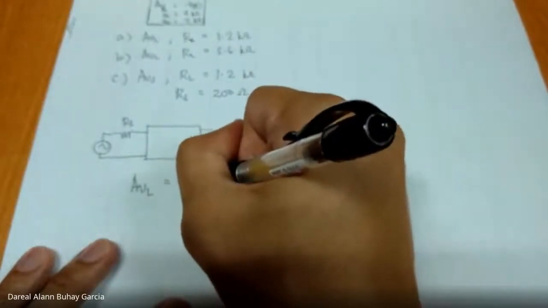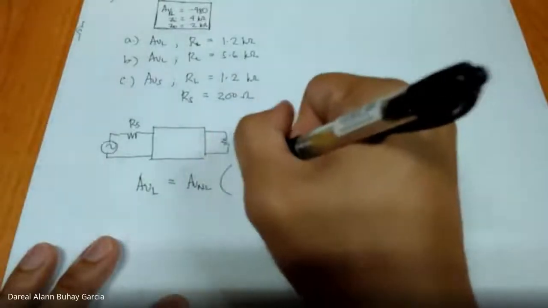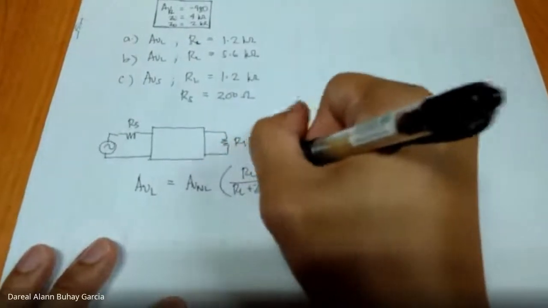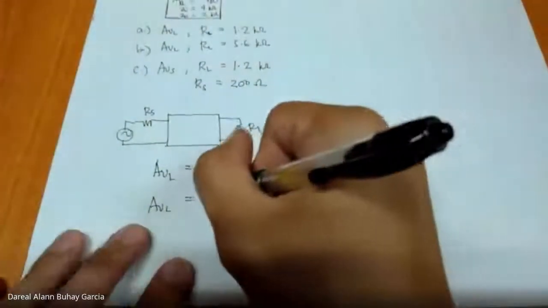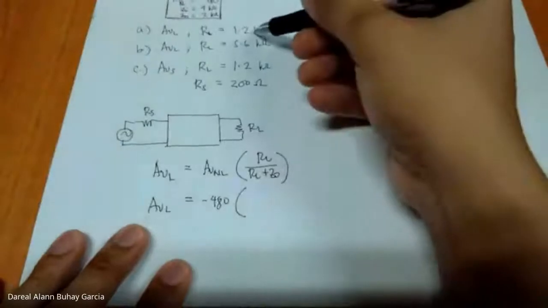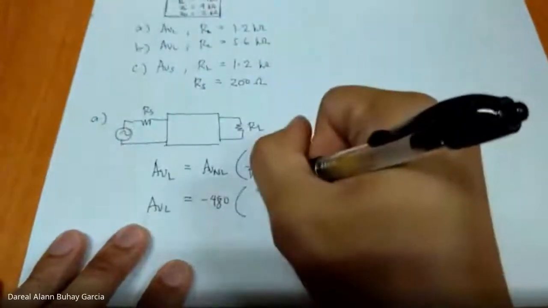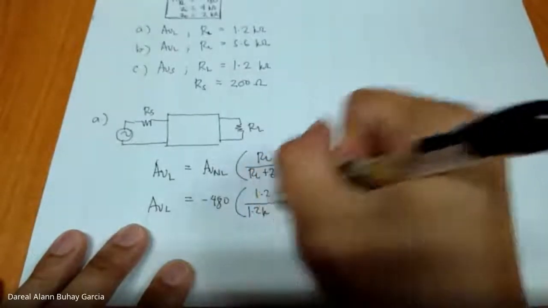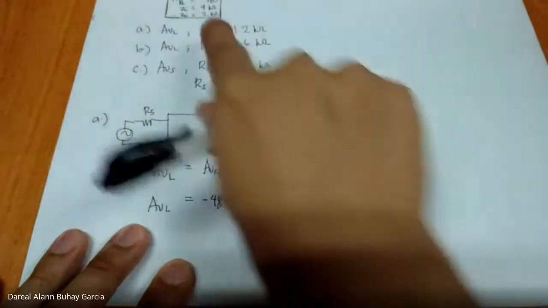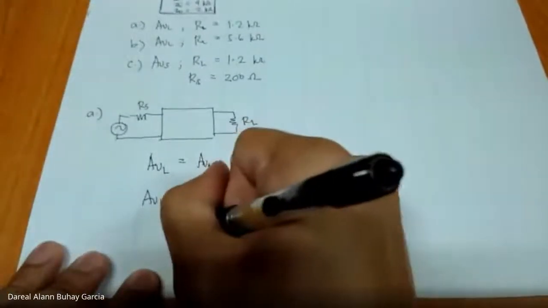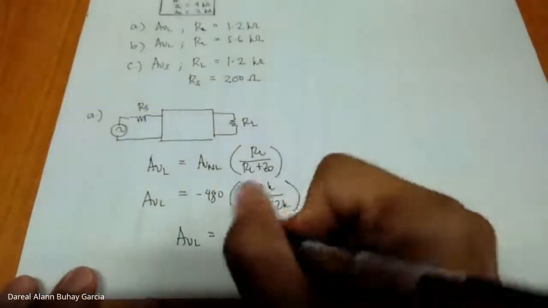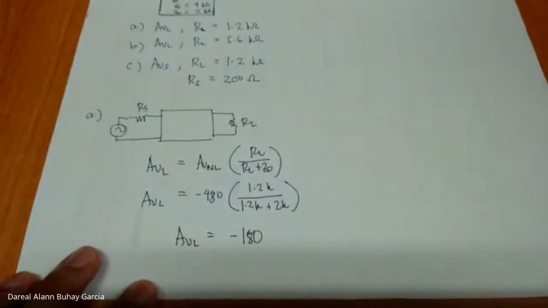So AVL is equal to negative 480 times 1.2K over 1.2K plus 2K, since ZO is 2K, which is about negative 180.